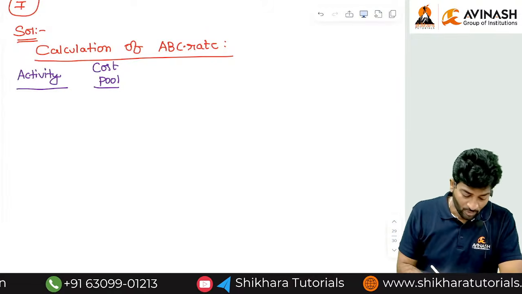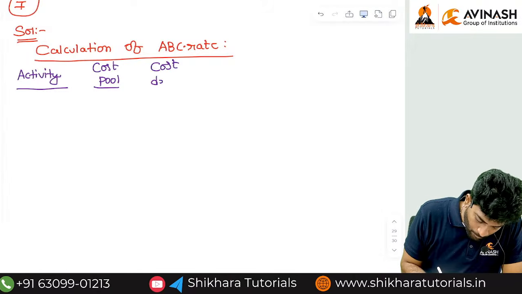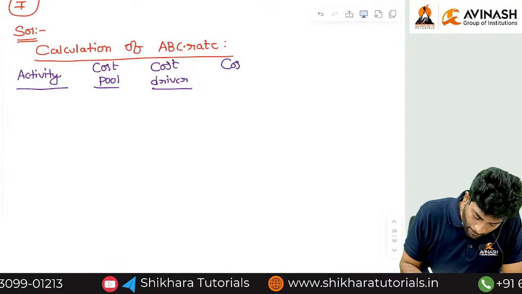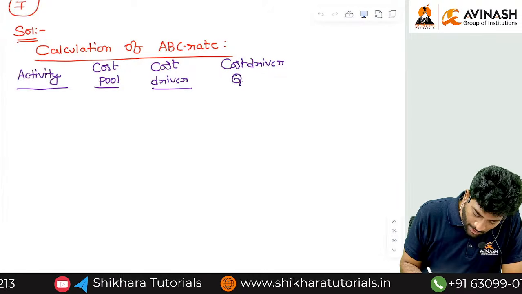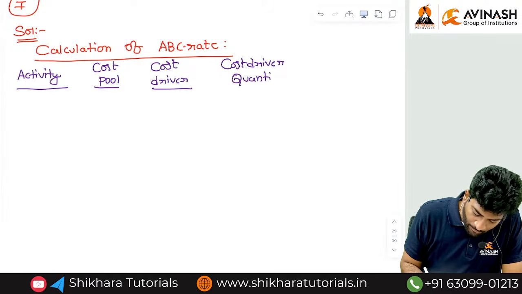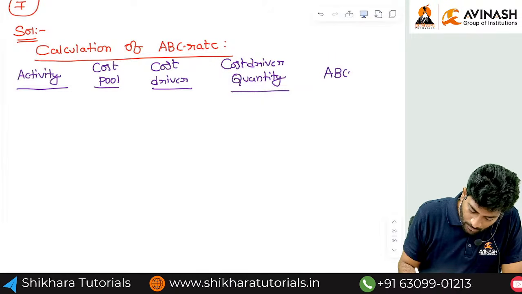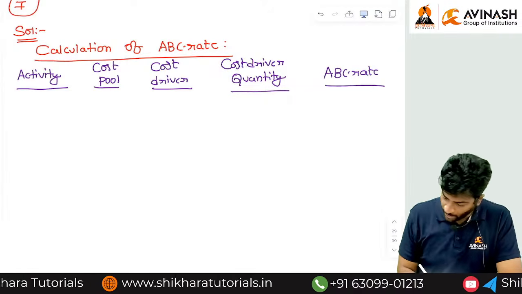Here, so activity, cost pool, cost driver. So cost driver quantity as volume, right? Last one, ABC. Okay.